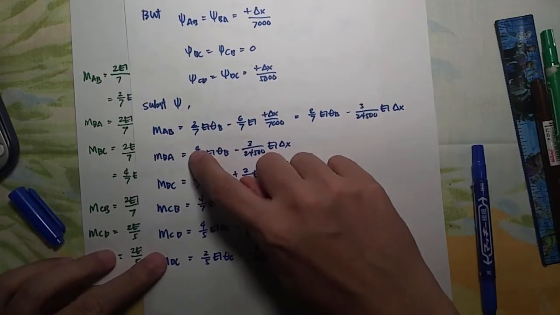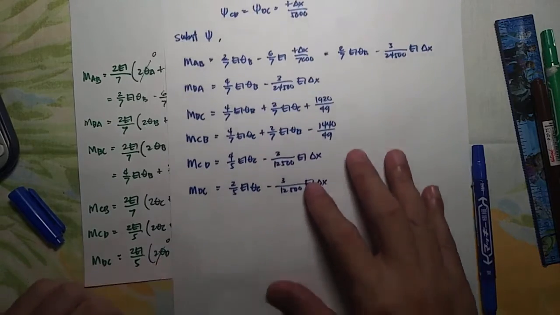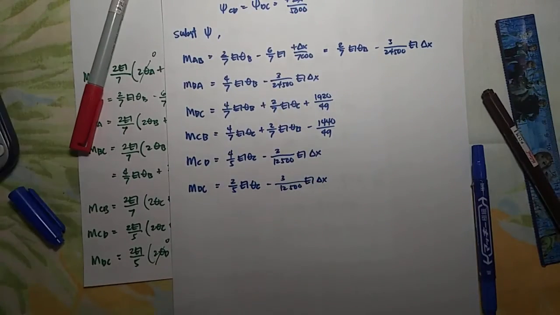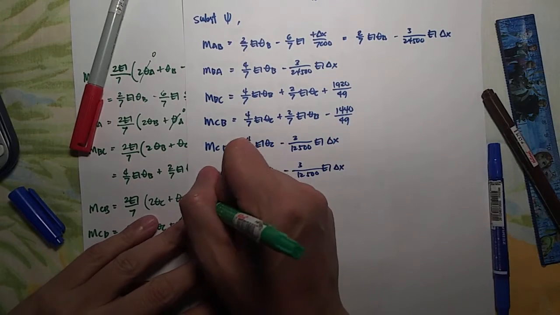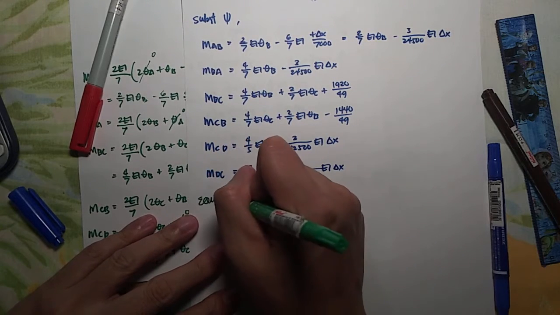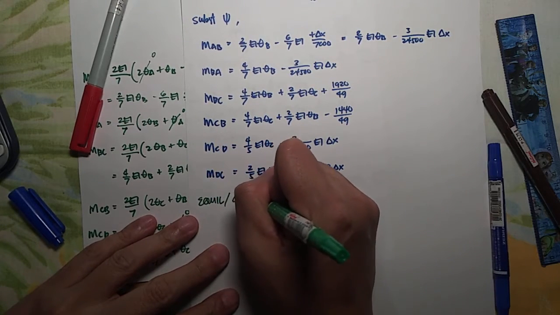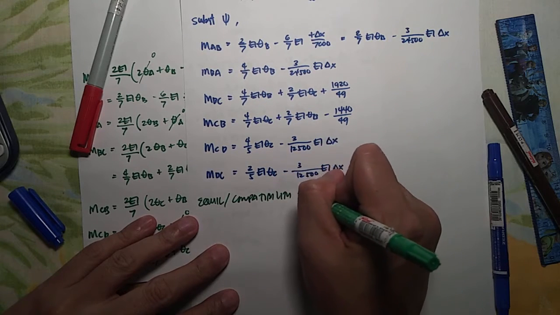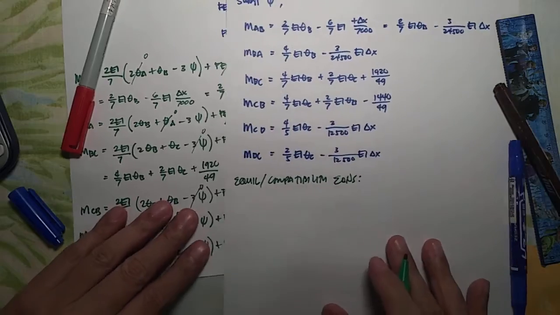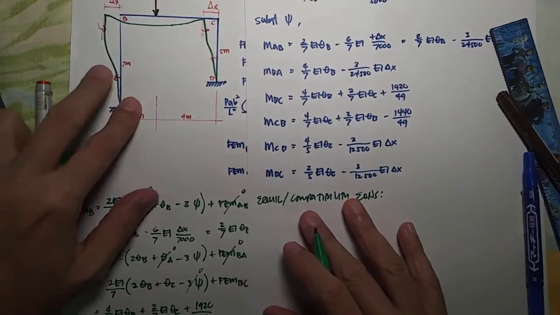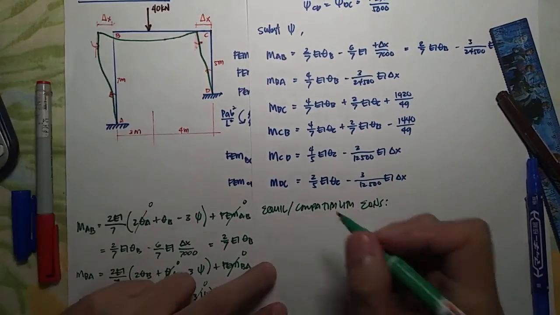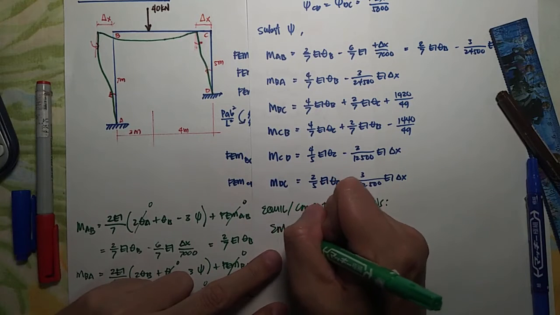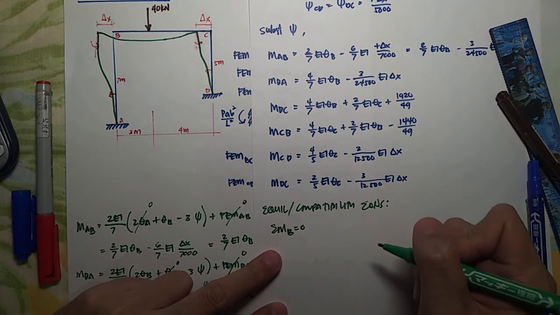So, equation 1, 2, 3, 4, 5, 6. So, what's next? So, applying equilibrium equation or compatibility equations. So, ano ang alam natin dito sa joint B? Hindi ba sa joint B, the moment there should be 0.